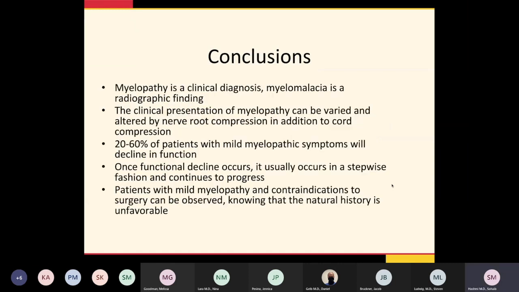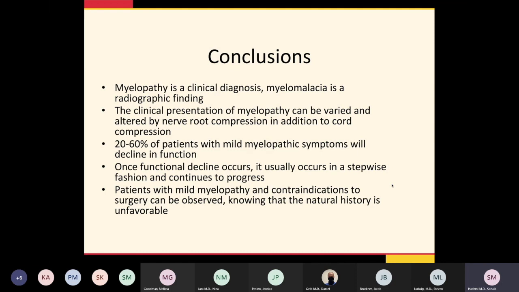And just to wrap up, I think it's very important to understand myelopathy is a clinical diagnosis. Myelomalacia is a radiographic finding which may be present depending on how much MRI change there is, and for how long, in the setting of subacute or chronic changes the patient has.